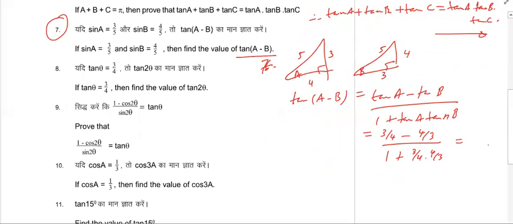The common denominator is 12, 3 times 3 is 9 minus 16. The denominator is 2, so we can put a half there. So 9 minus 16 is minus 7 over 24.